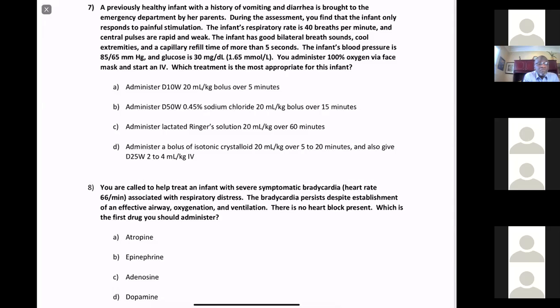Administer a bolus of isotonic crystalloid, like normal saline, at 20 mils per kilogram over 5 to 20 minutes, and also give D5W, which is just glucose, 2 to 4 mils per kilogram IV.